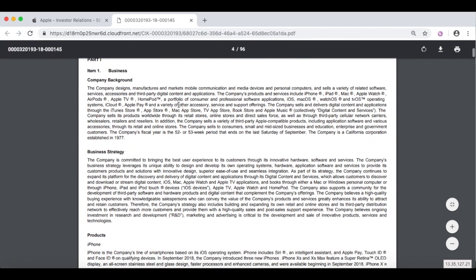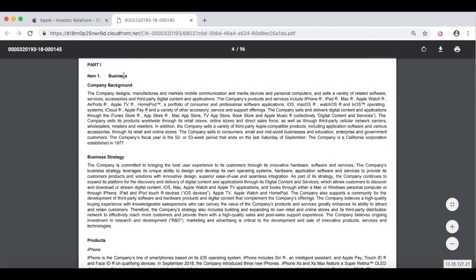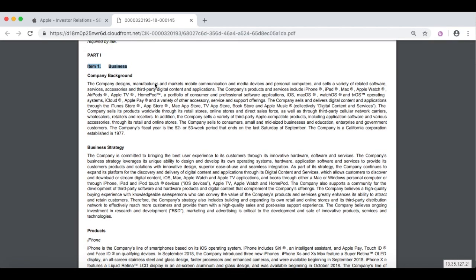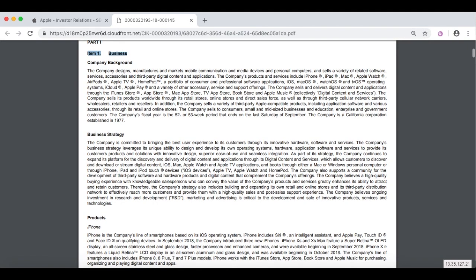Now, what's awesome about 10K reports is they overview this business. Often the very first thing you'll see in a 10K, outside of what I just outlined, is this overview of the business. And with Apple, even if you're a Samsung user or you're still using your BlackBerry and your Nokia, chances are you probably know what's going on with Apple.